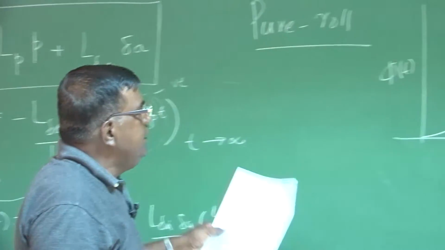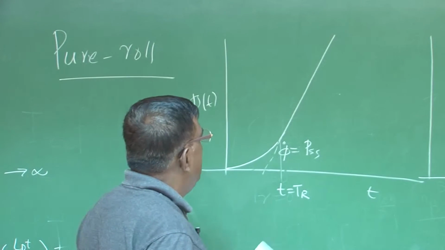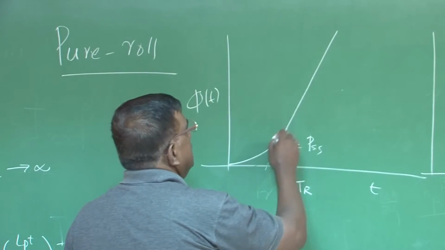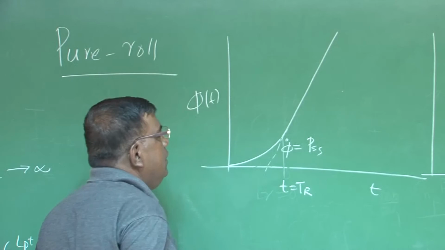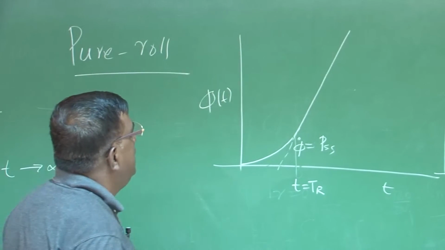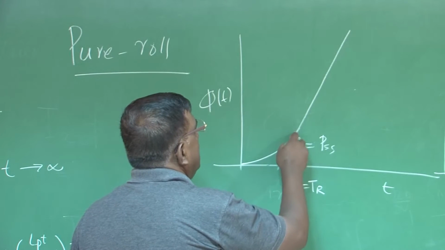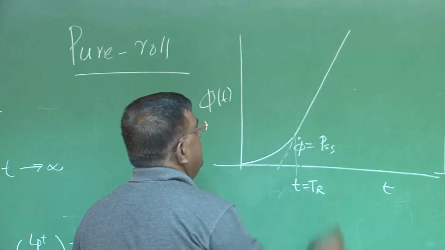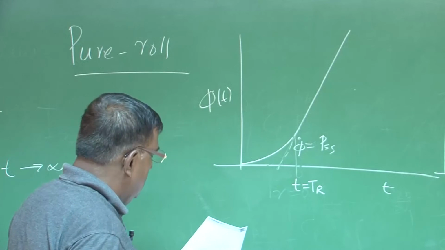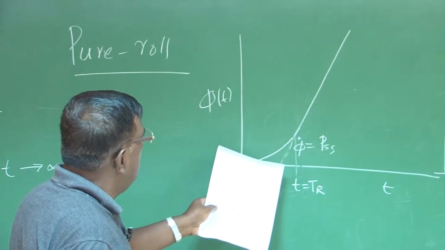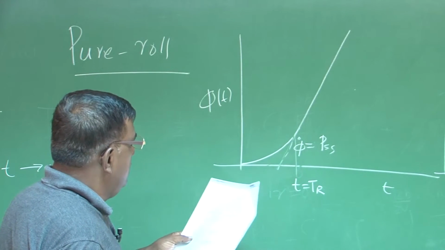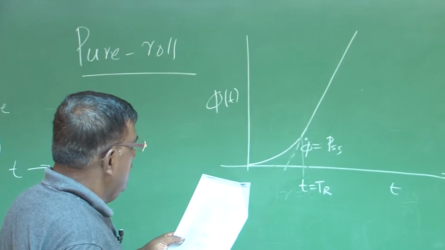Let us plot phi of t versus t, and you can see the variation is like this. Phi goes on increasing with time, but interestingly, if I take a slope at some point, that phi dot at this point is basically p steady state, and that slope you can draw at some point, which will correspond to time t equal to T_R.